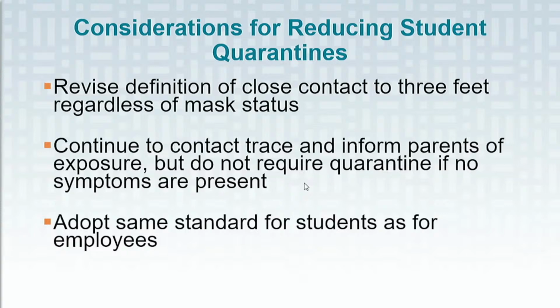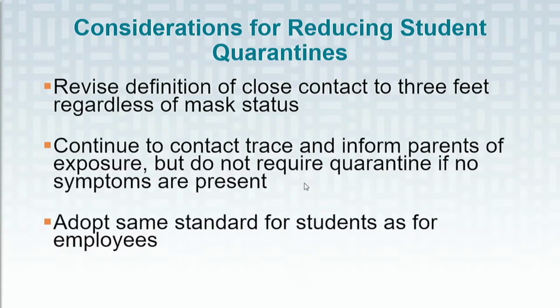Now, it still requires a lot of work, but that's important to reassure people and to let them know that maybe you need to be watching to see if symptoms develop. I would think most people right now are pretty attuned to watching for symptoms, but maybe not everybody. Continue to contact trace and inform parents of exposure, but do not require quarantine if no symptoms are present. That'd be another option.